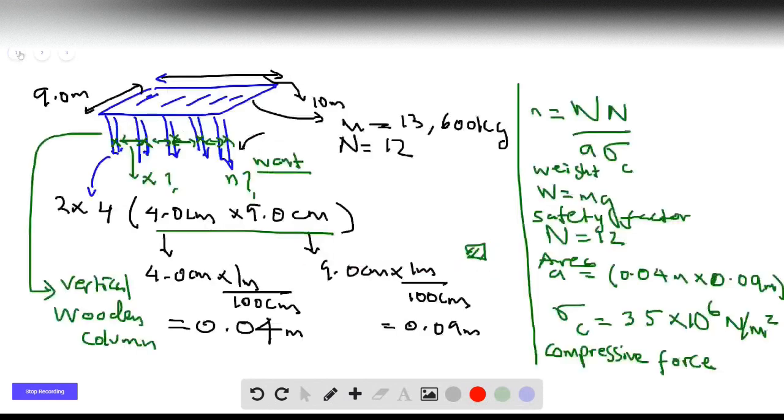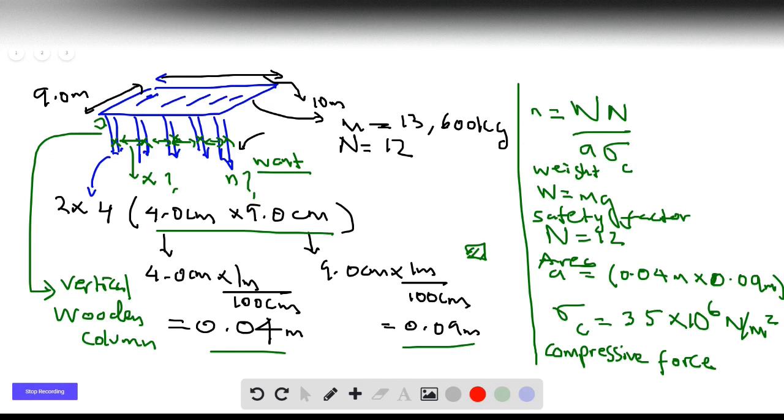So again, just to recap on the problem, we had a roof with a mass of 13,600 kilograms. The safety factor for these columns was given as 12. Each one of them has a width of 0.04 meters and a length of 0.09 meters.